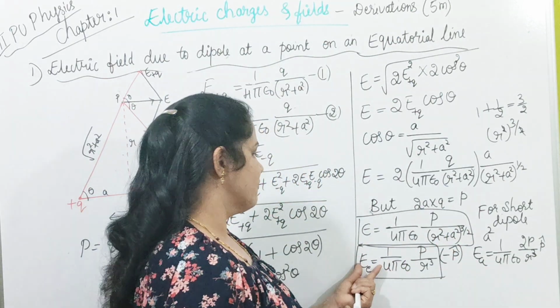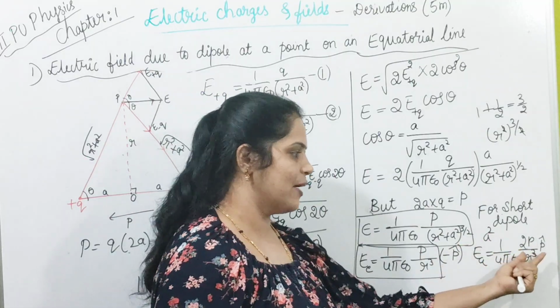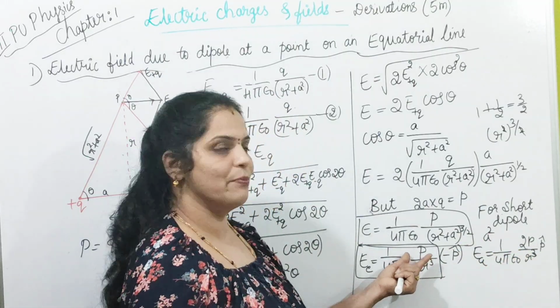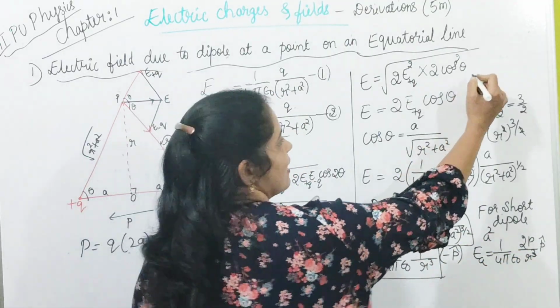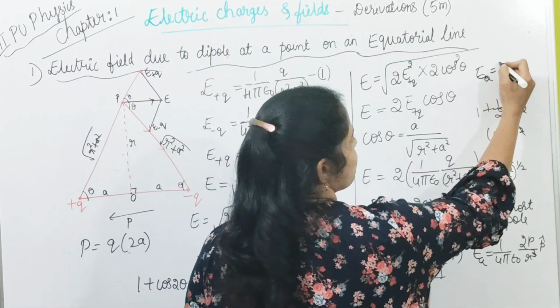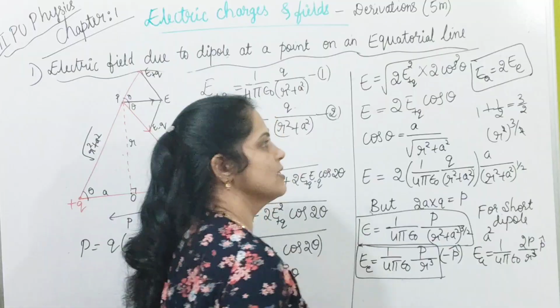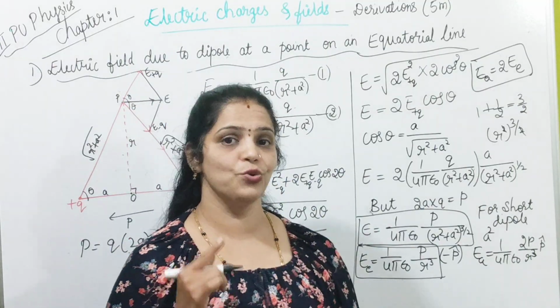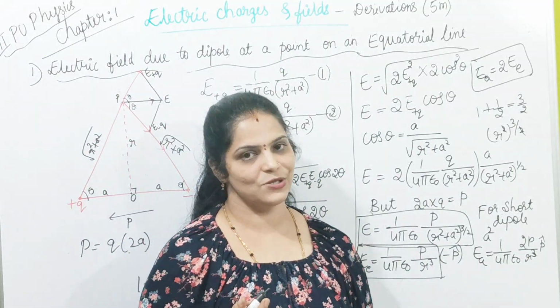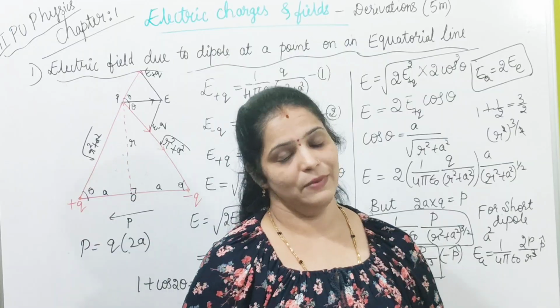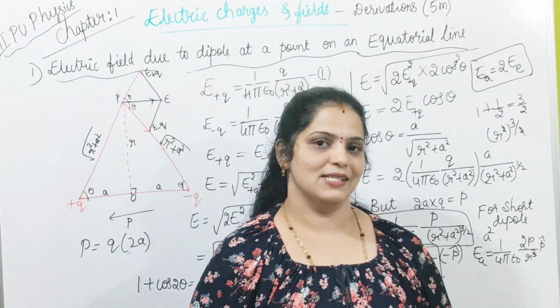Another one is electric field on the axial line is 2 times P. Here it is just P. That means electric field on the axial line is twice that of the equatorial line. This is one of the important points. EA is 2 times EE. Is it clear, students? If you have any confusion, please do comment in the comment section.